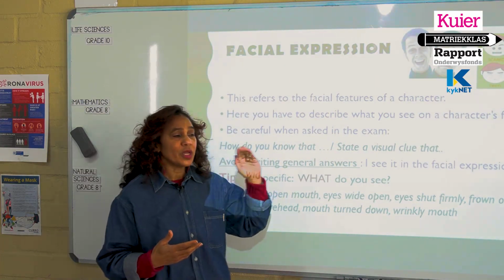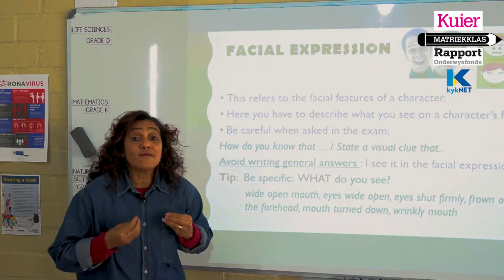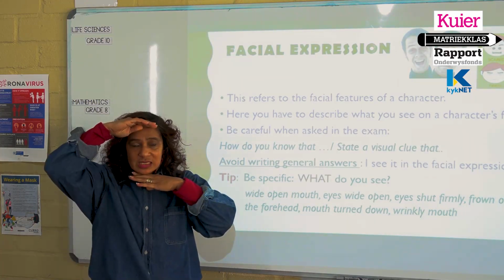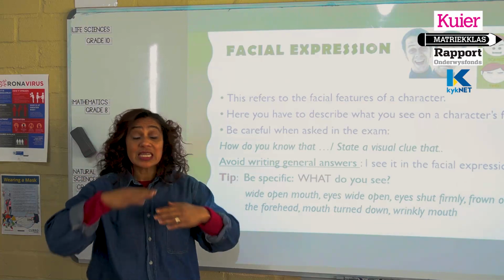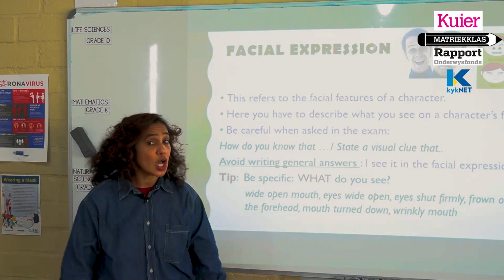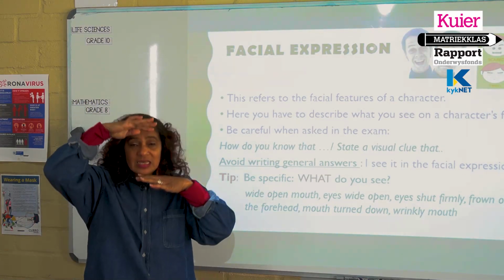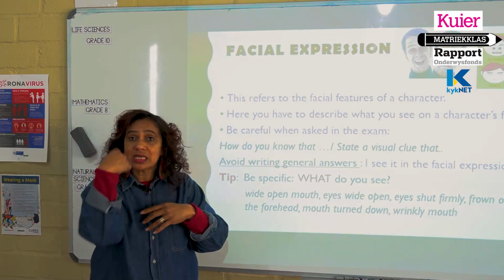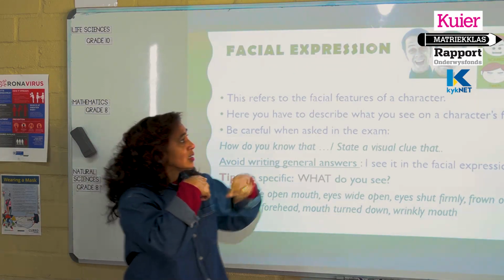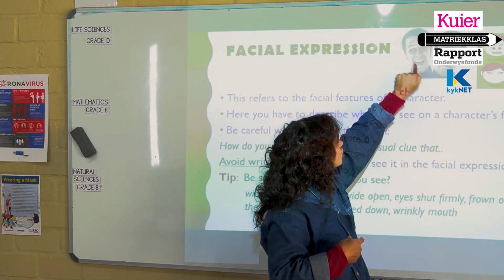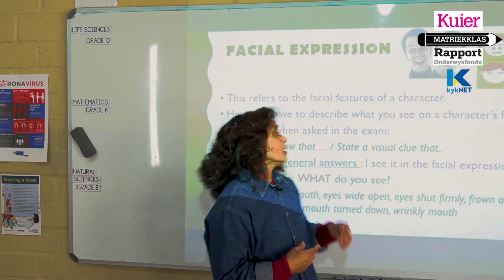So when the question in the exam talks about facial expression, it is just this part. Nothing from your neck down is facial expression. Your face is facial expression. What do you see here? What do you see it doing?